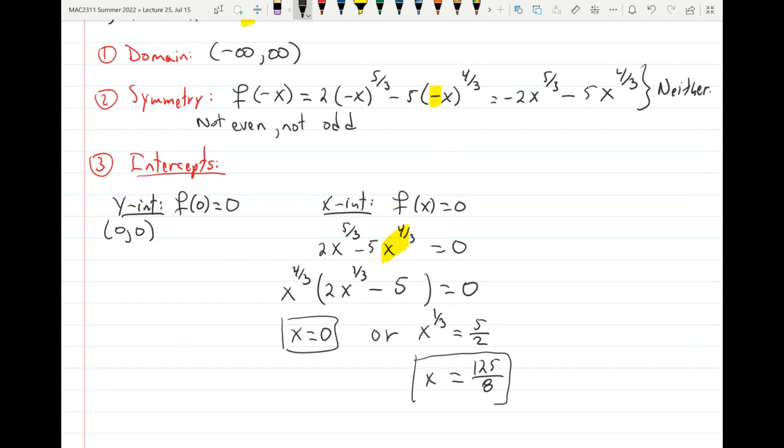Okay. So we have this information here. Let's continue. So we have our x-intercepts. So remember, those are the points 0, 0, right? So we obtain the point 0, 0, and we also obtain the point 125 over 8 comma 0.